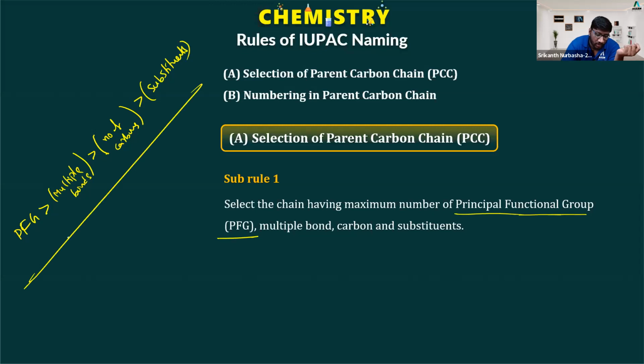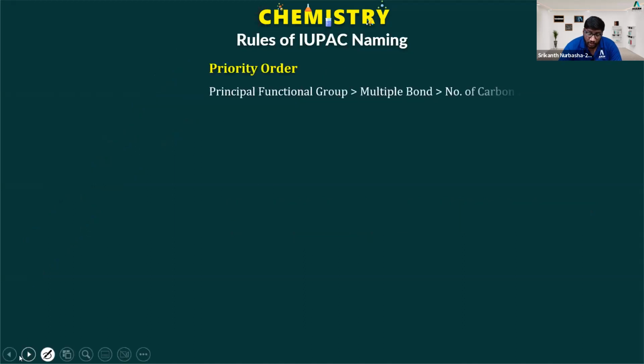Whatever chain you are considering, in that chain only you should be getting the substituent functional groups also. So the priority order: principal functional group, then multiple bond, then number of carbon atoms, then number of substituents.